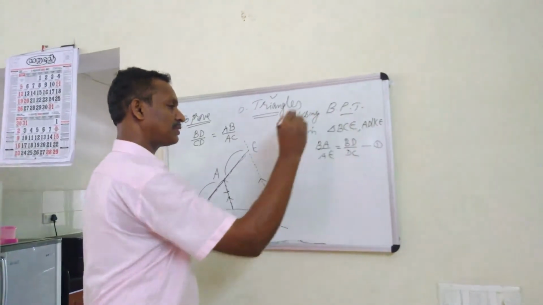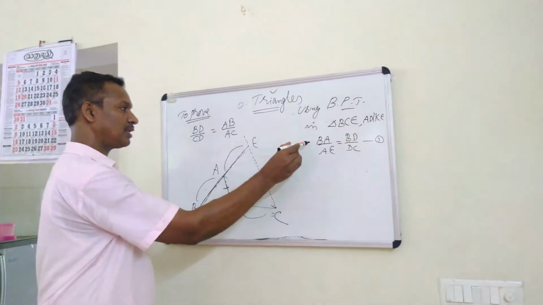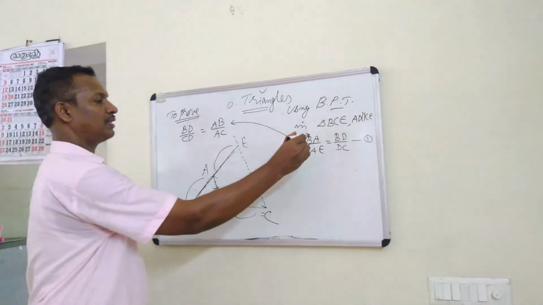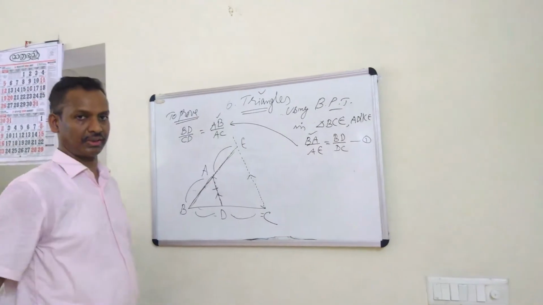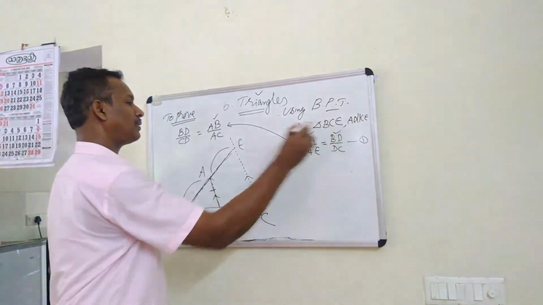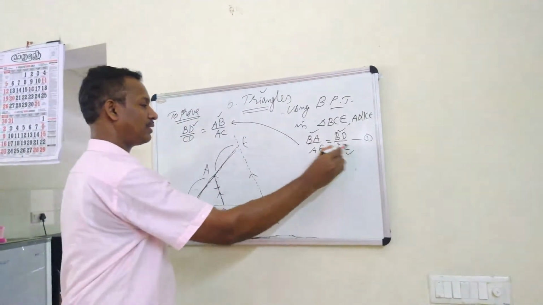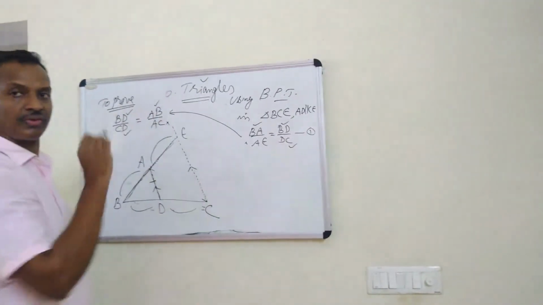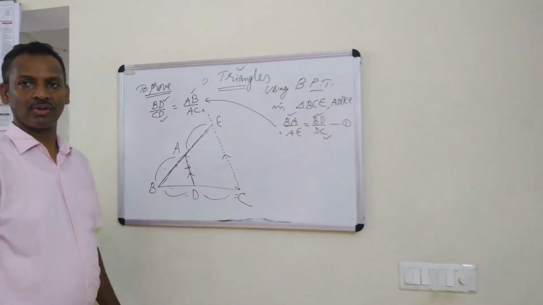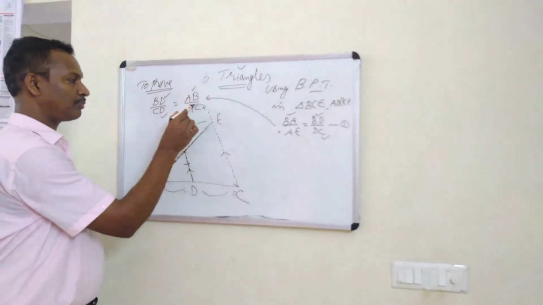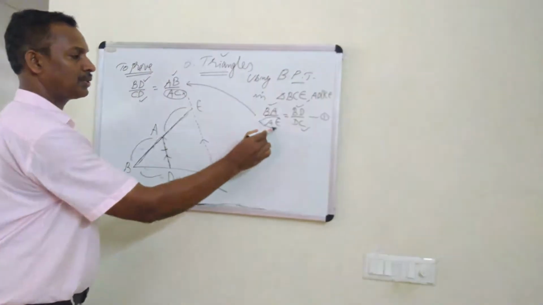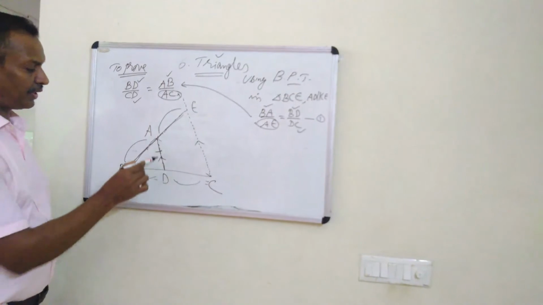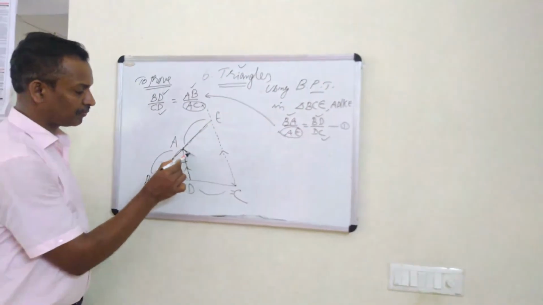After getting this result, compare it with the given to-prove portion. You can see BA is available in both cases, BD is available in both cases, and CD is also there. Only one thing is missing: AC and AE. So somehow we have to prove that AC is equal to AE. To prove it, we join this line back.